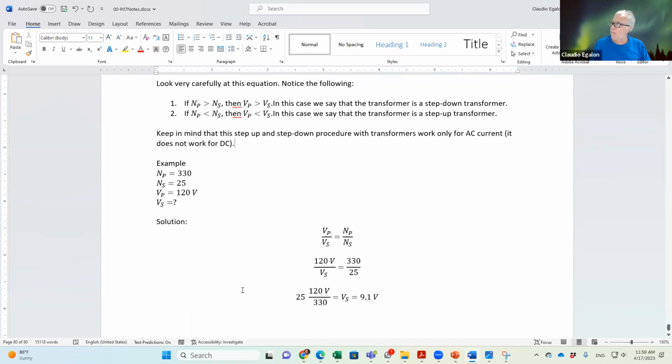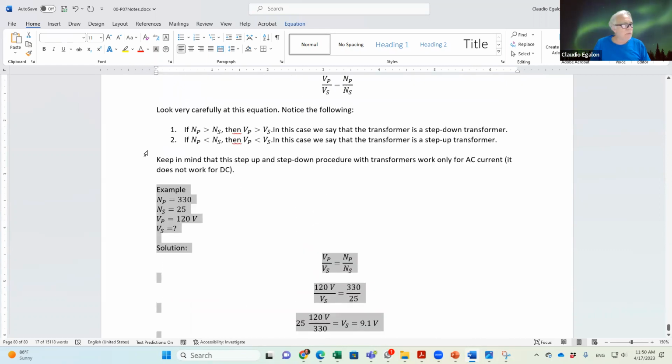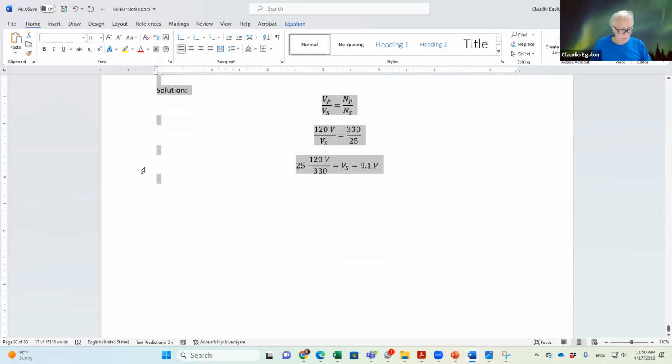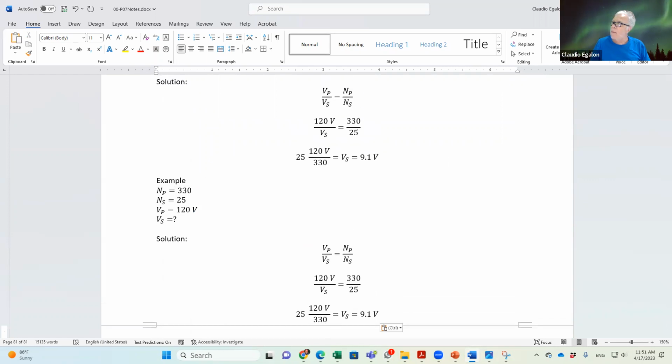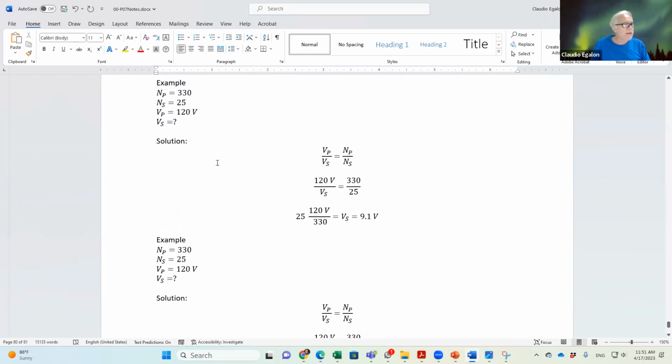Okay, 9.1. What about a similar example? Example 14 in the book.